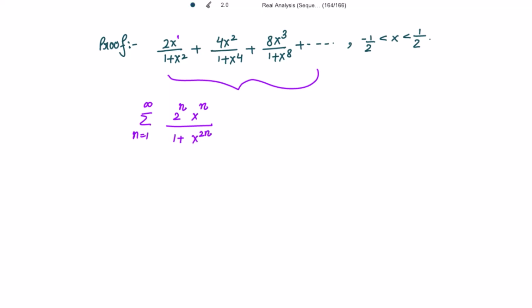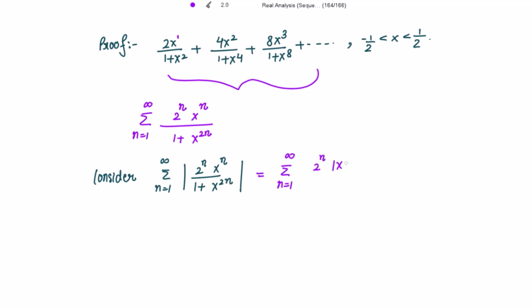Now to test for the uniform convergence, we need to apply the Weierstrass M-Test. For that, we need to consider the mod of this. So consider summation n going from 1 to infinity mod of 2 to the power n x to the power n divided by 1 plus x to the power 2n, which can be further written as summation n going from 1 to infinity 2 to the power n mod of x to the power n divided by mod of 1 plus x to the power 2n.